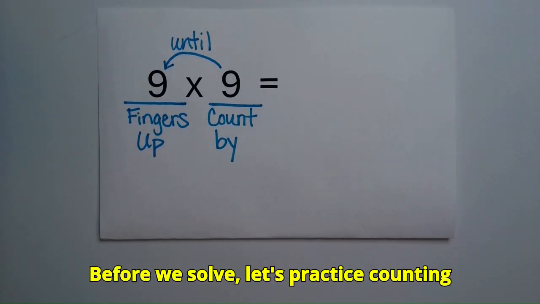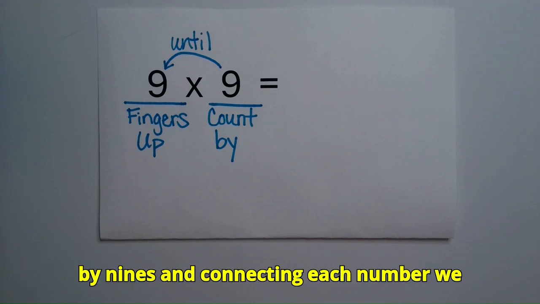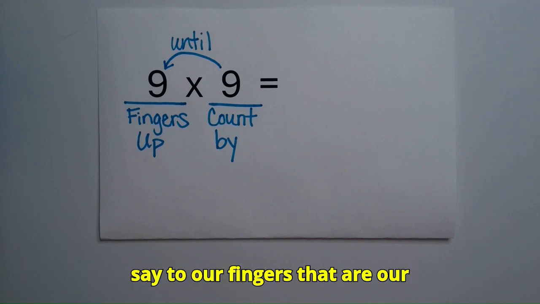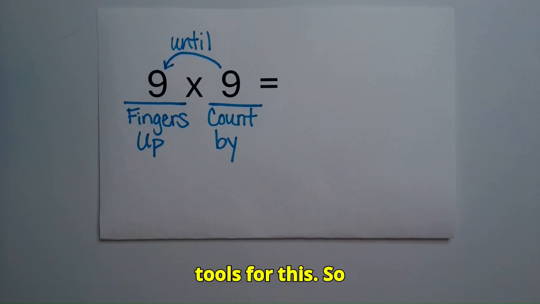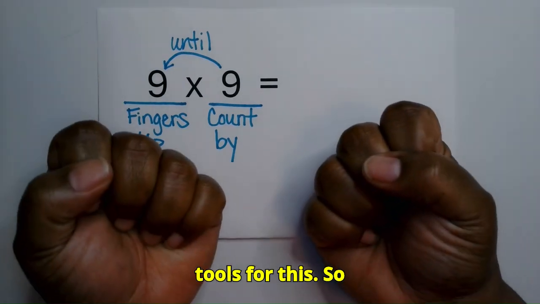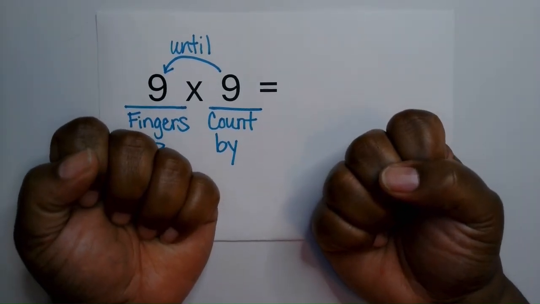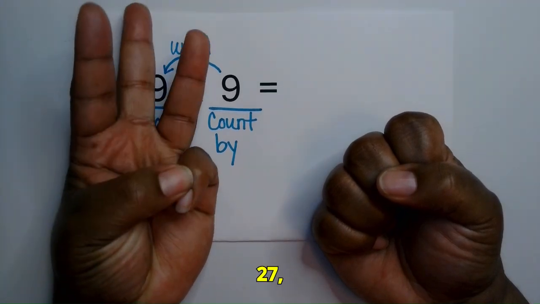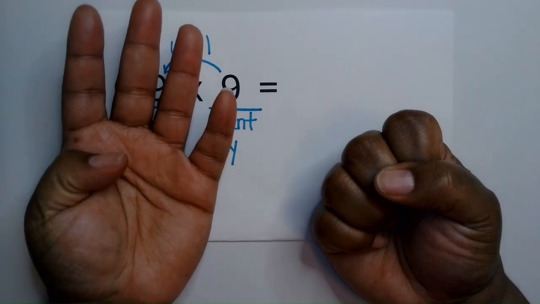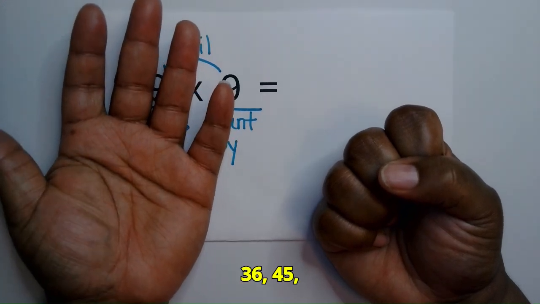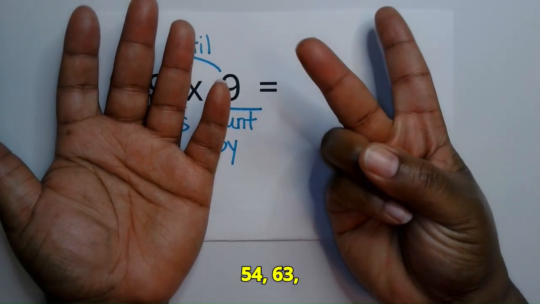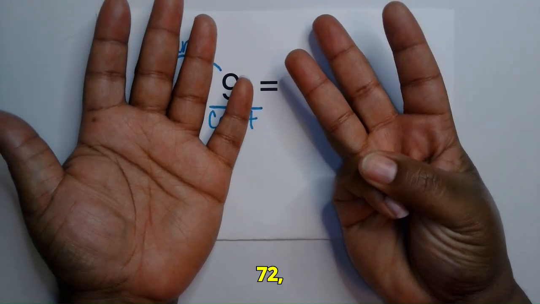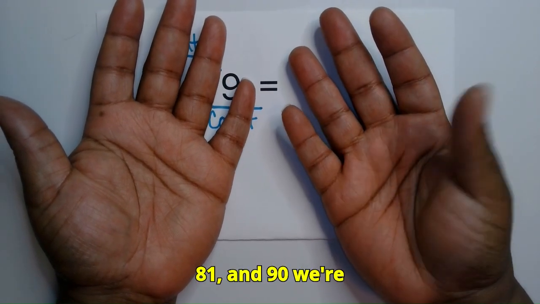Before we solve, let's practice counting by nines and connecting each number we say to our fingers that are our tools for this. So let's try. 9, 18, 27, 36, 45, 54, 63, 72, 81, and 90.